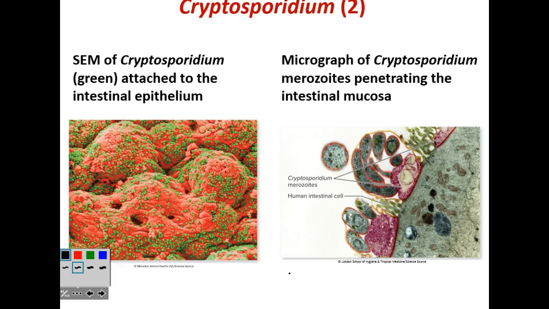That's what it looks like. On the right-hand side, there's a micrograph of Cryptosporidium merozoites penetrating the intestinal mucosa. In this other one, the green on top of the mucosa is attached to the intestinal epithelium.